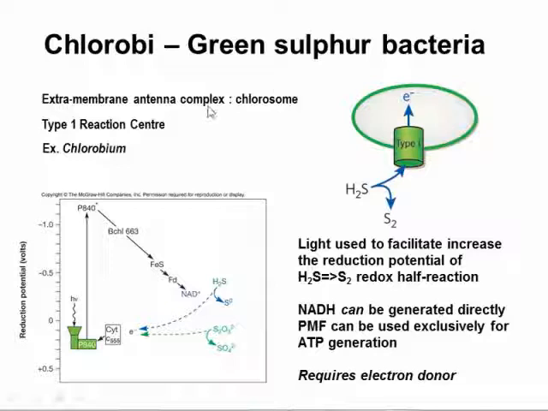So Chlorobi, they are the green sulfur bacteria. Green non-sulfur photosynthetic bacteria are Chloroflexus. What is happening in Chlorobi? Okay. Photosystem 1. Right. So it requires an electron donor, which is going to be hydrogen sulfide.